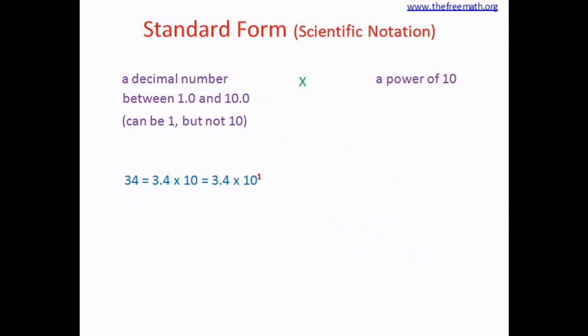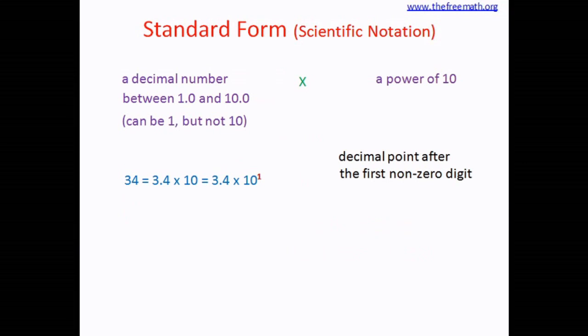That means we are always writing the decimal point after the first non-zero digit. In the first part, what I have to write is the number between 1 and 10. So if I write the decimal point after the first non-zero digit, in this case after 3, then I get that between 1 and 10, right?